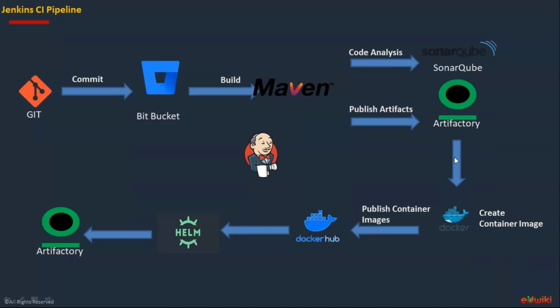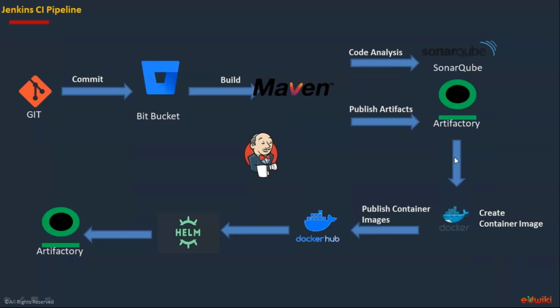Pipeline is the terminology that we use here: the required number of stages that need to be executed in order to prepare the deployment-specific artifact of your source code is called a pipeline. This entire pipeline that I'm preparing here will be executed by Jenkins, so I'm calling it a Jenkins pipeline.